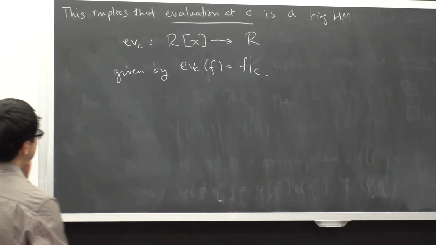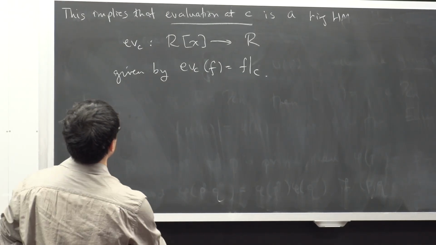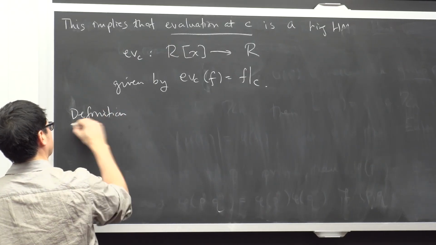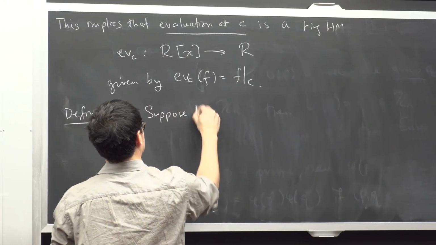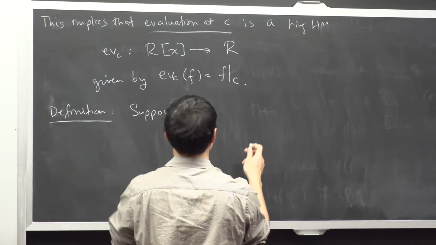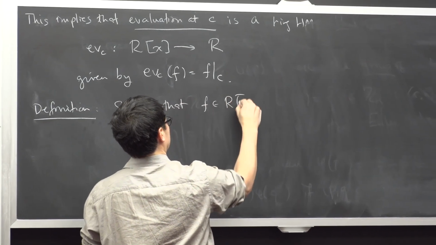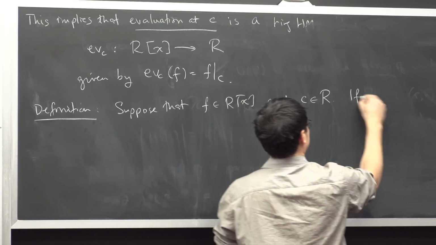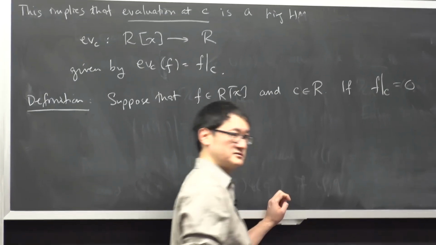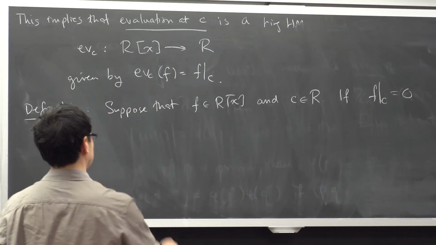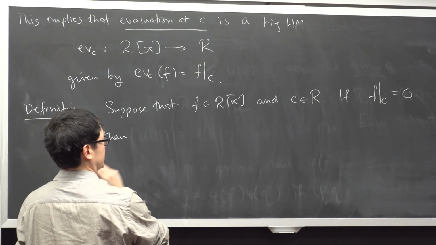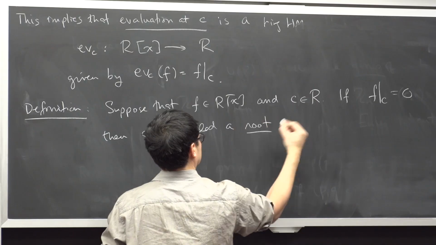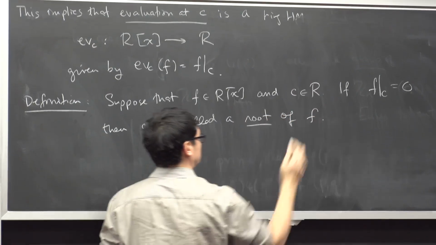Now, let's talk about what it means to be a root. So here's a definition. Suppose that f is an element of R[x], and c is an element of R. If f slash c is equal to 0, that means you plug in c and you get 0, then c is called a root of f.